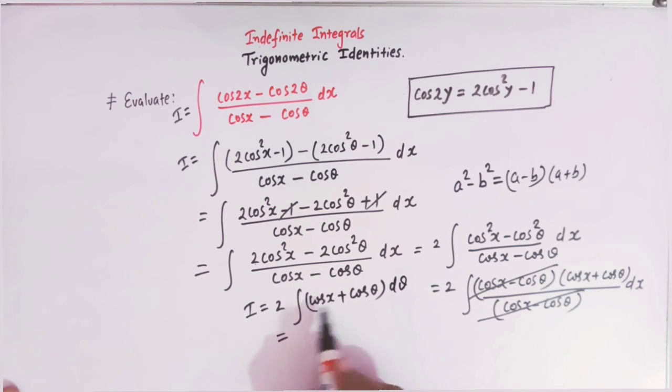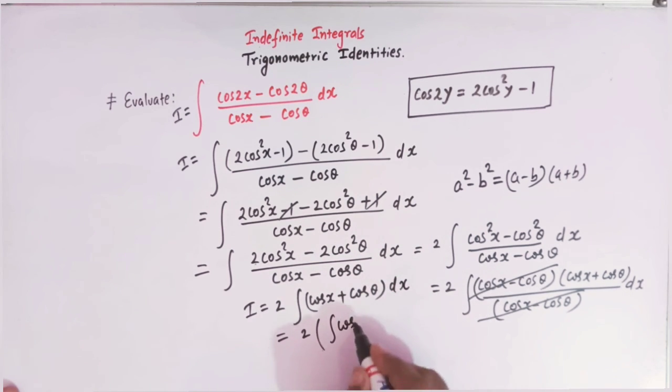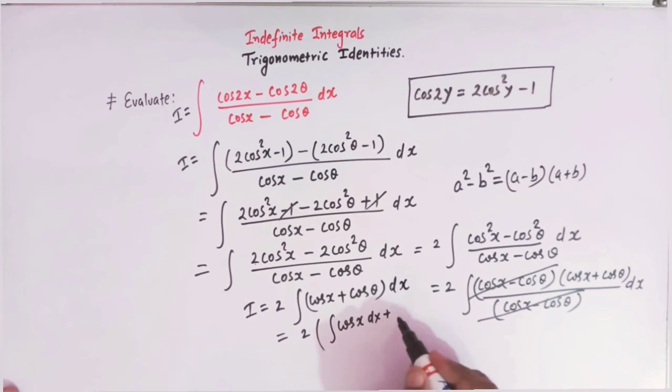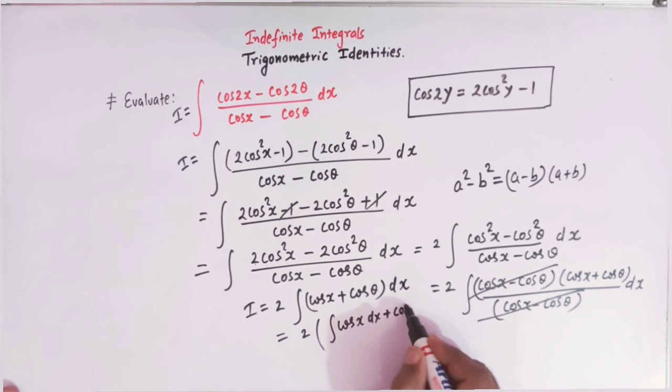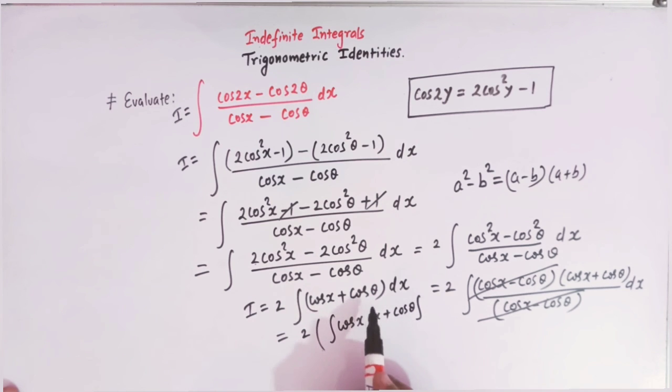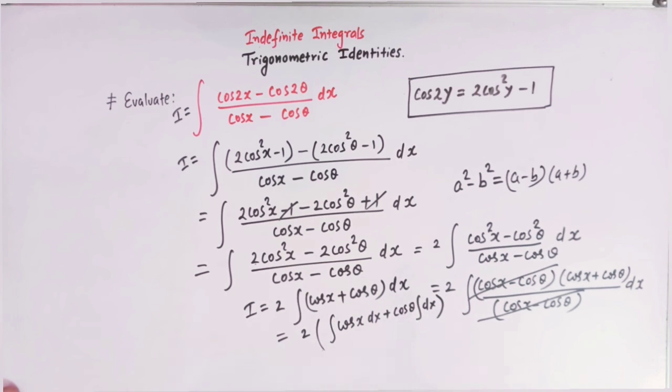And now we can write this as the integral of cos x dx plus, since cos theta is a constant, we can take this cos theta outside the integral, and here we are left with only dx, right?